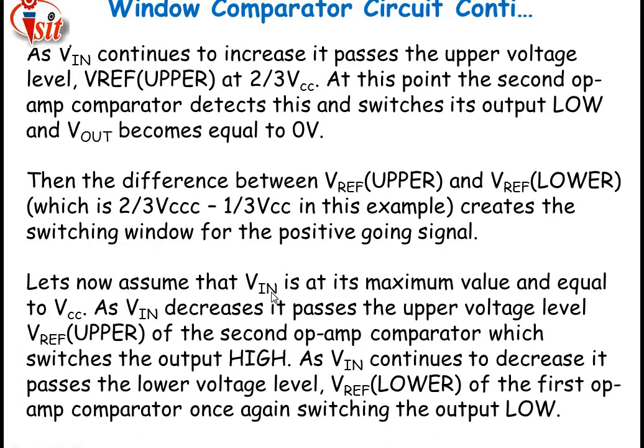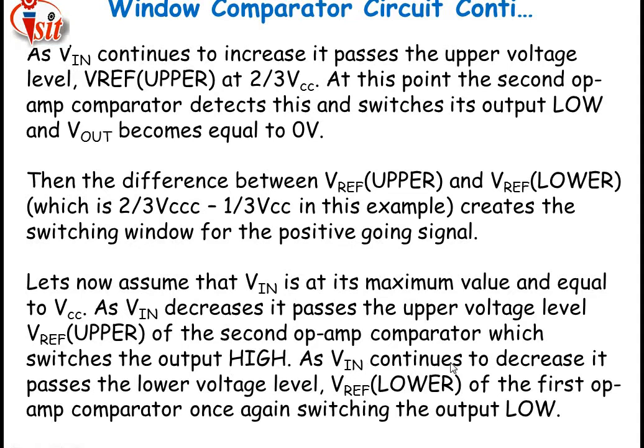Now assume that Vin is at its maximum value and equal to VCC. That means the input voltage is exactly equal to the collector voltage. As Vin decreases, it passes through the upper voltage level, V reference upper, which we have taken as 2/3 VCC, and the second op-amp comparator switches the output high.